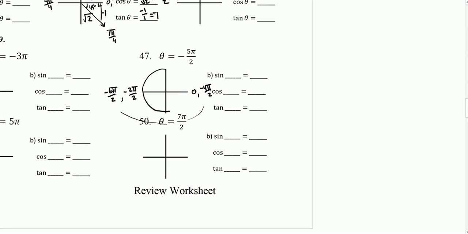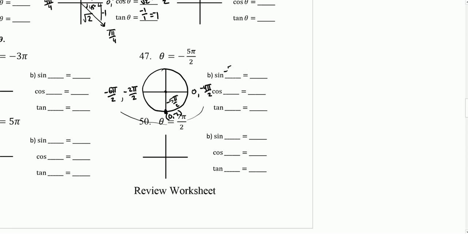So it's actually going to be located right here at -5 pi over 2, at the coordinate 1 below 0, 0. So we're at 0, negative 1.